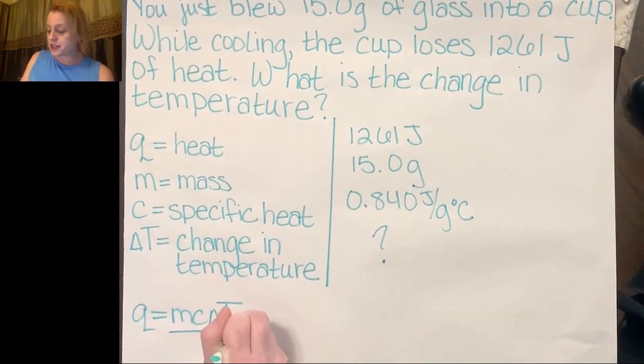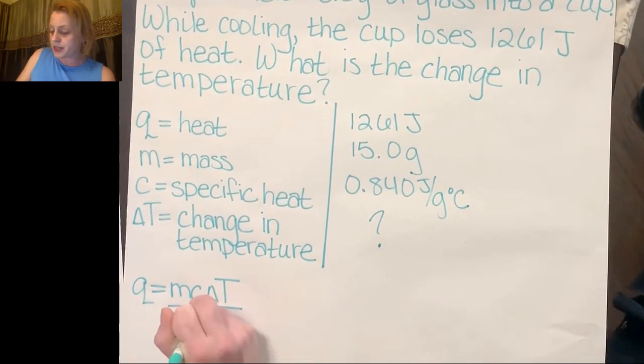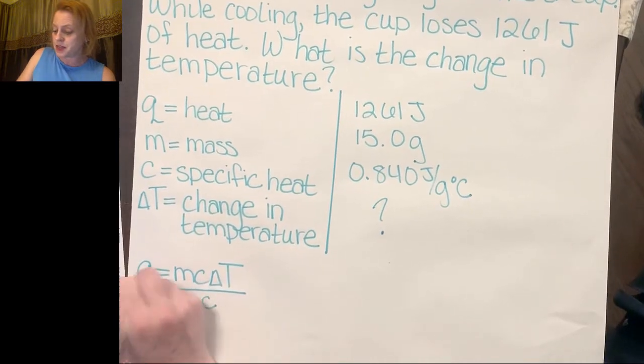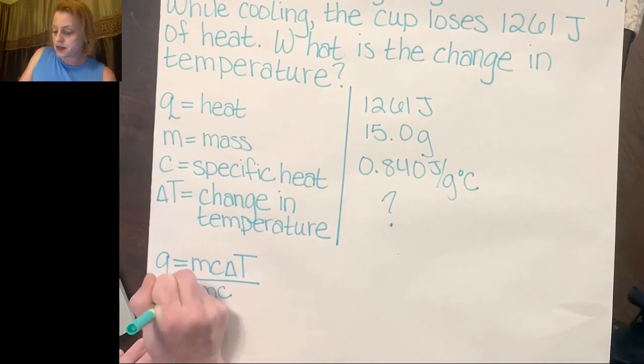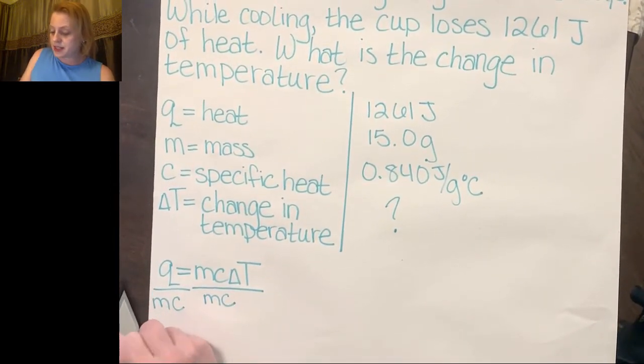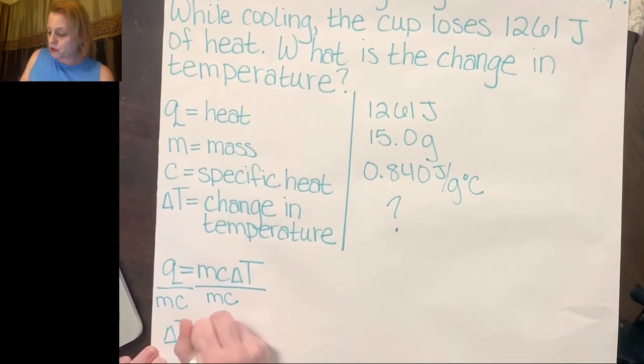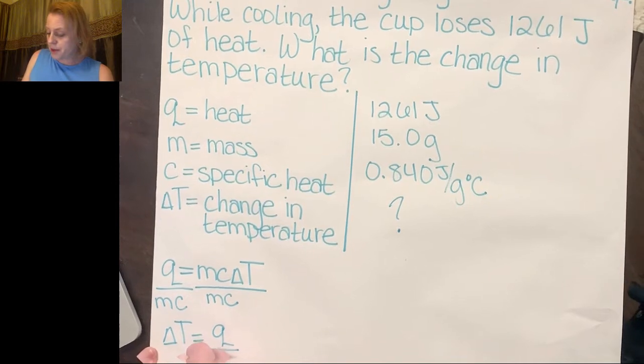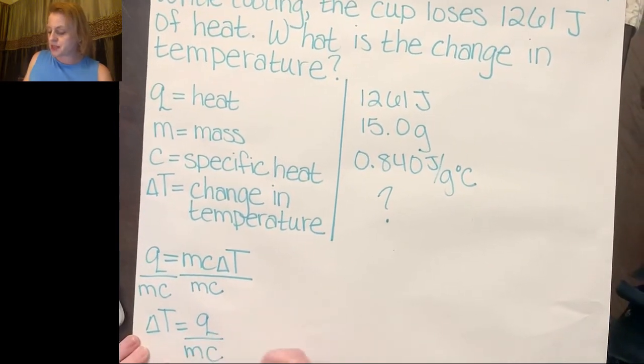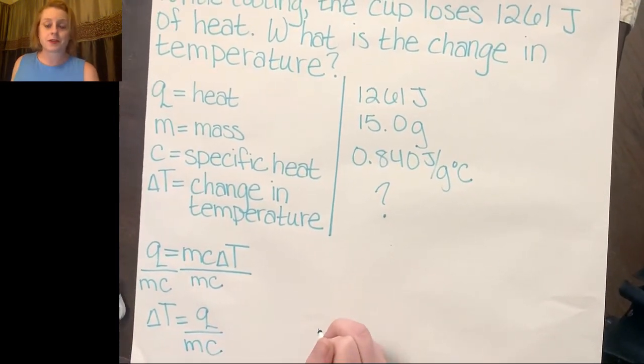Let's divide both sides by mass times specific heat. And I get delta T equals Q over mass times specific heat. Now I can plug in my numbers.